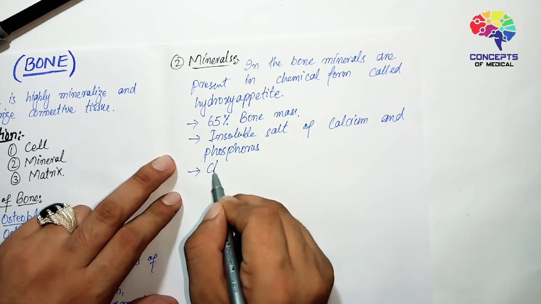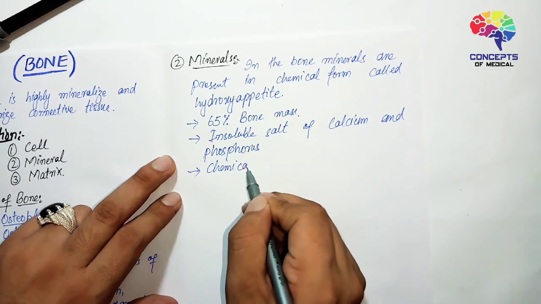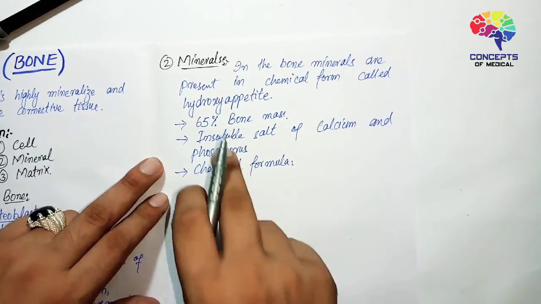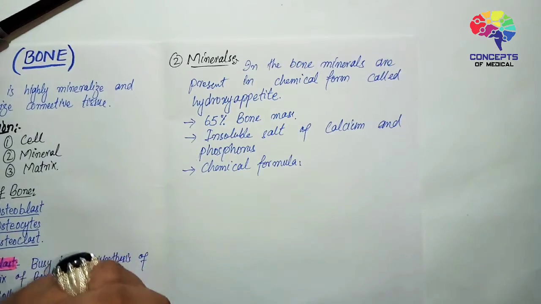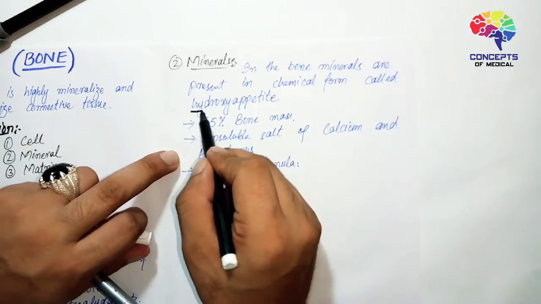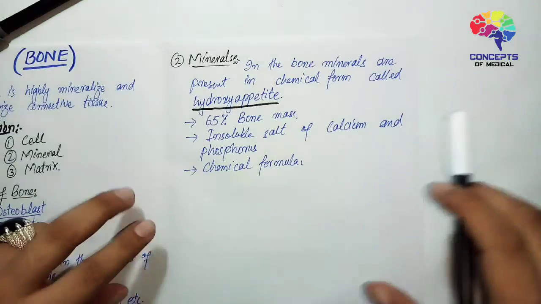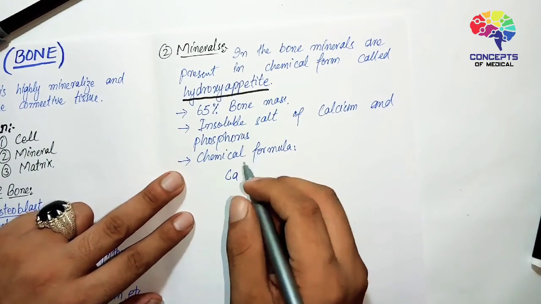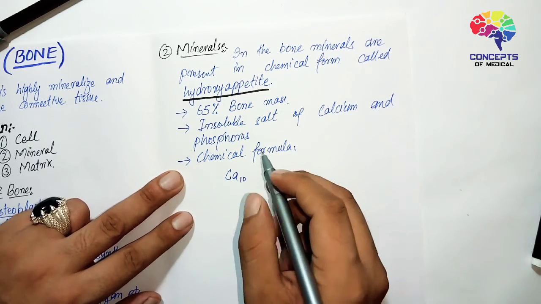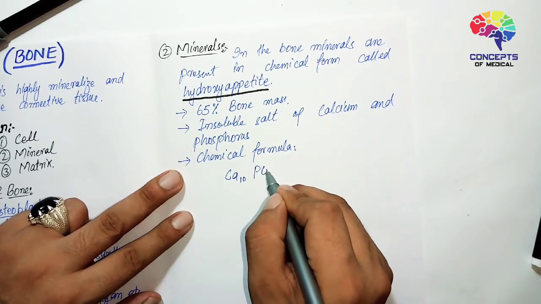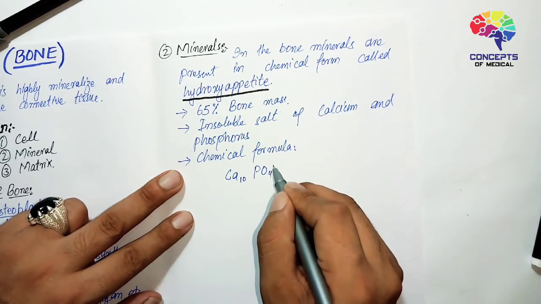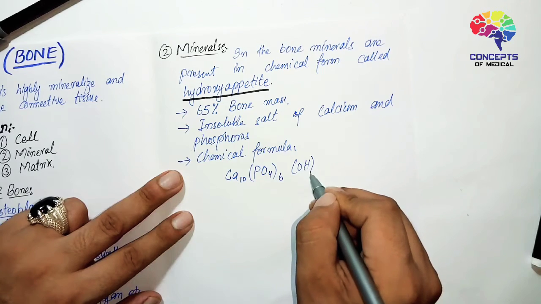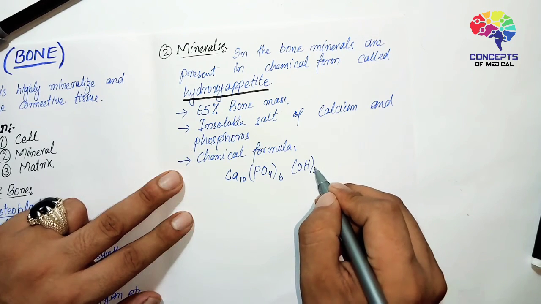So what is its chemical formula? The chemical formula for hydroxyapatite is Ca10(PO4)6(OH)2.